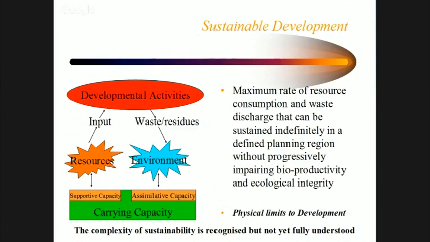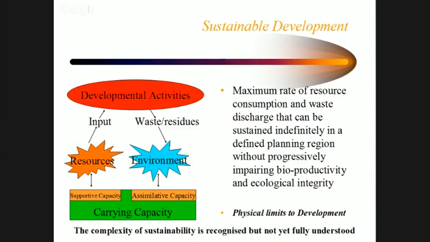And if that is the entire cycle of an engineering activity, then the whole definition of sustainable development with respect to supportive capacity and assimilative capacity, and putting it together as something called a carrying capacity, is as simple as what we have said. The capability of a natural environment in supporting an engineering activity or a developmental activity is what is called its supportive capacity.